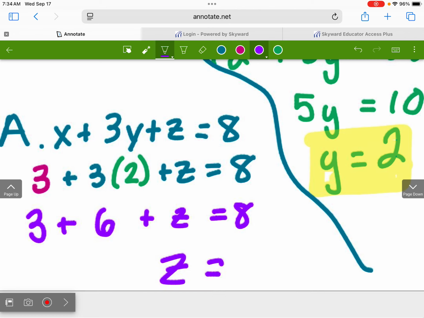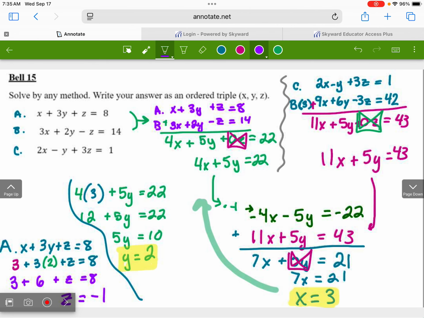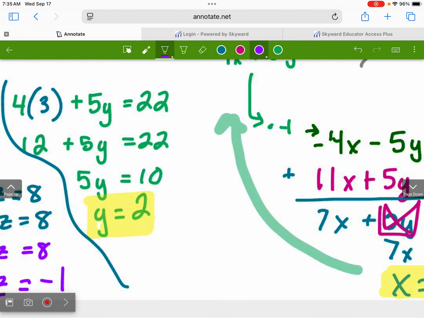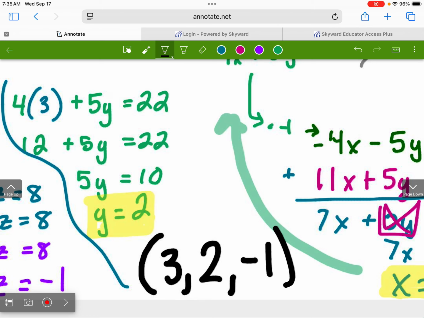What do we get for z? What we get is actually -1, because 3 plus 6 is 9. We subtract 9 from both sides, we get -1. So our final answer, properly written, is x of 3, y of 2, z of -1.